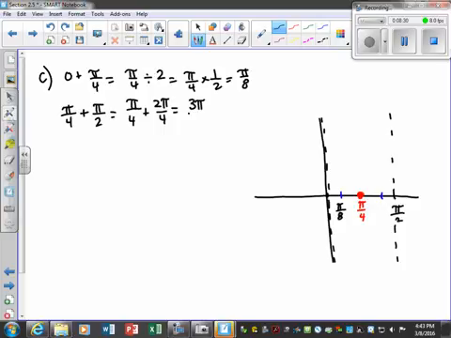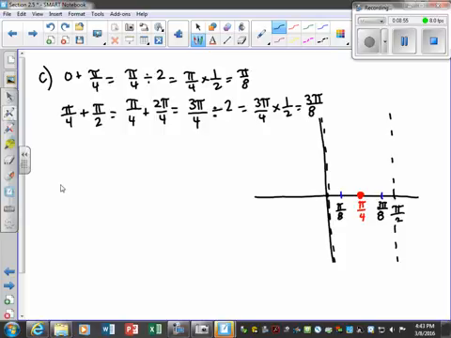Add the numerators, 3 pi fourths. Now we have to divide that by 2, which means multiply by 1/2, which gives us 3 pi over 8. So this becomes 3 pi over 8. There are lots of different ways you can do that, but this is just one method.